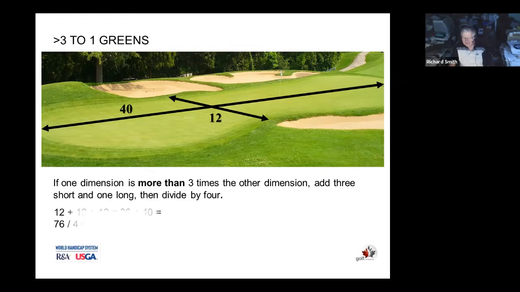So for this case, the 3 12s, that's 36, and I don't like the way they put the equal signs in the book, but you get the picture anyway. It's 3 12s plus 40, which is 76, divided by 4. Then that gives you the 19. Just a coincidence that there's 19 in both of them.